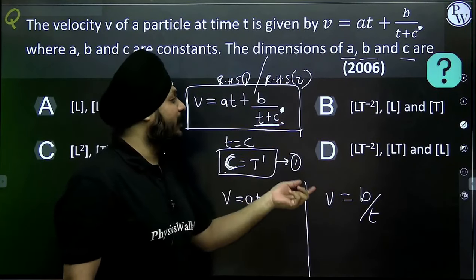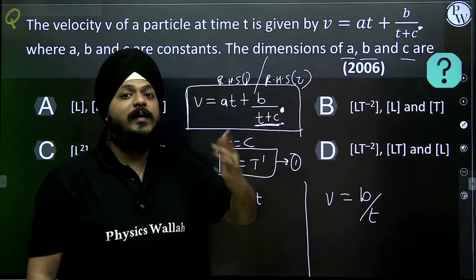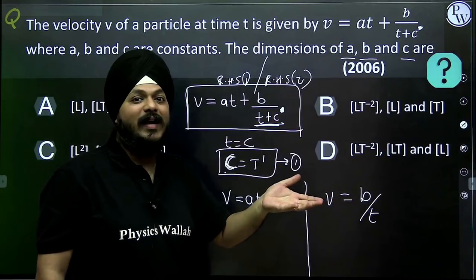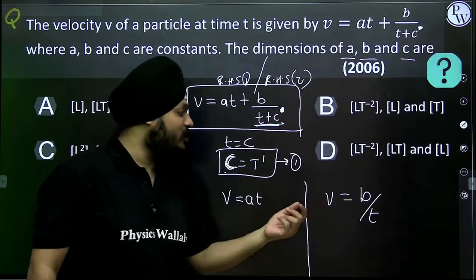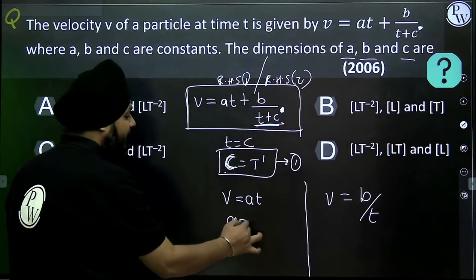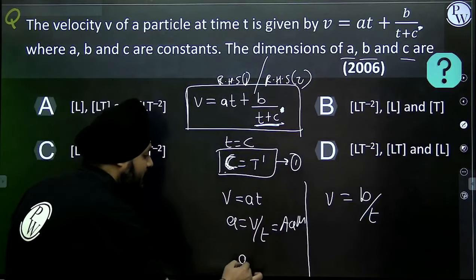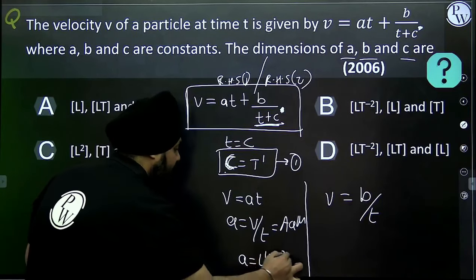Suppose, let us take an example. If the resultant of T and C is P, P is equal to T plus C. So dimensionally, we can say that P is equal to T, P is equal to C. So V is equal to AT. A will be velocity by time, that will be acceleration. So dimensions of A will be L1 T minus 2.